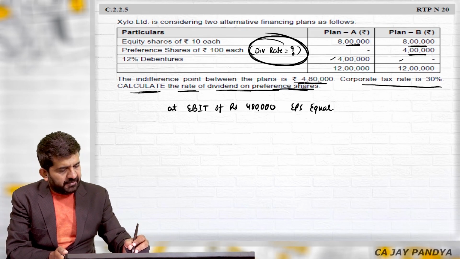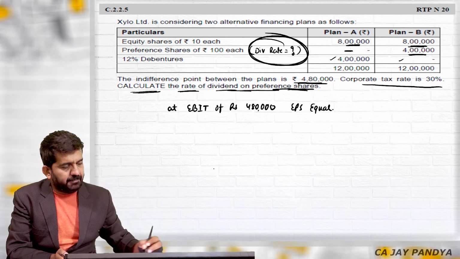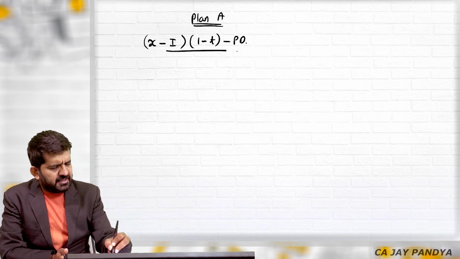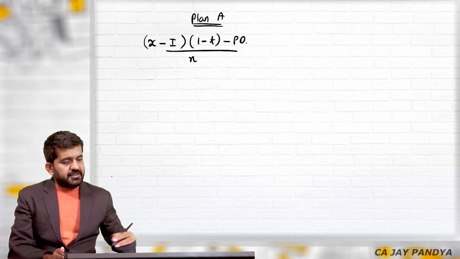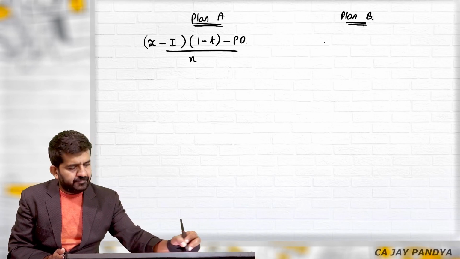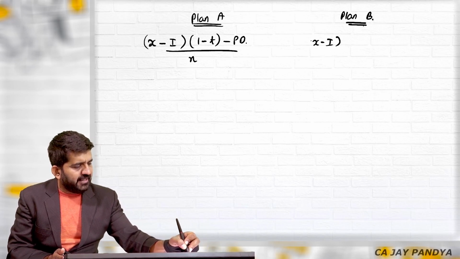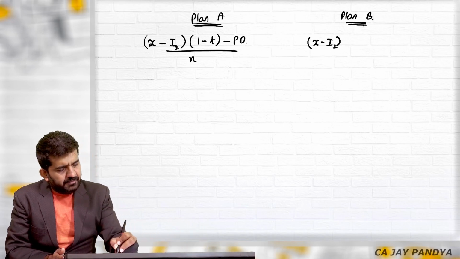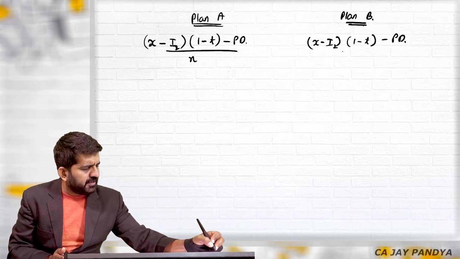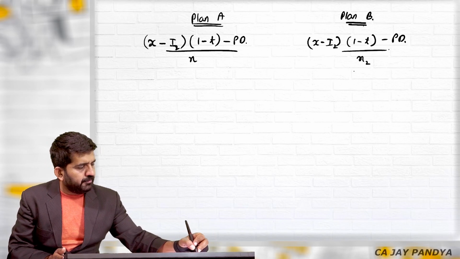But I don't think preference dividend is in plan A. In plan A, preference dividend is 0. Minus preference dividend upon number of shares. What is EPS in plan B? Same: X minus interest of plan B, plan 2, into 1 minus T, minus preference dividend upon number of shares.